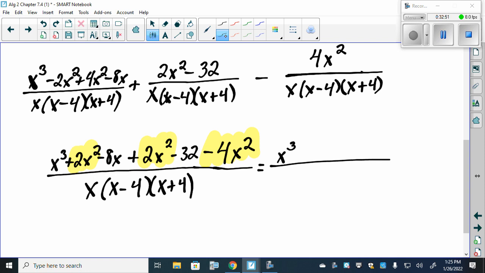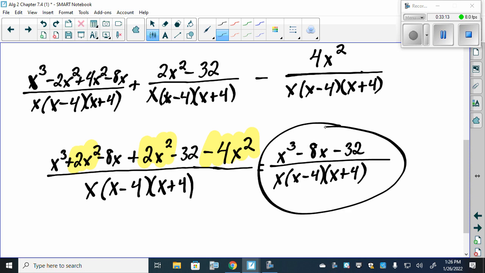So our next one is our minus 8x minus 32 all over x times x minus 4 times x plus 4, that's it.